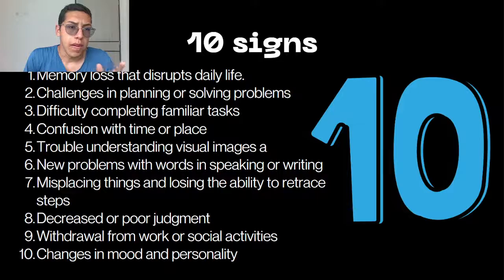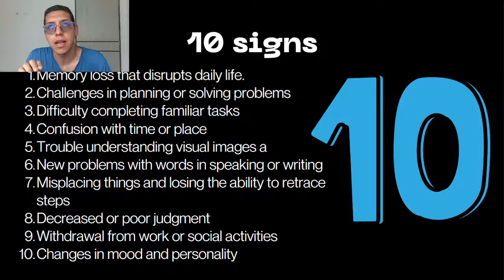And second, challenges in planning or solving problems. This is related to the loss of abstraction. That means that people with Alzheimer's, or with early stages of Alzheimer's, start to have problems with numbers, with puzzles, with that kind of thing that needs a mid or high activity of the brain.